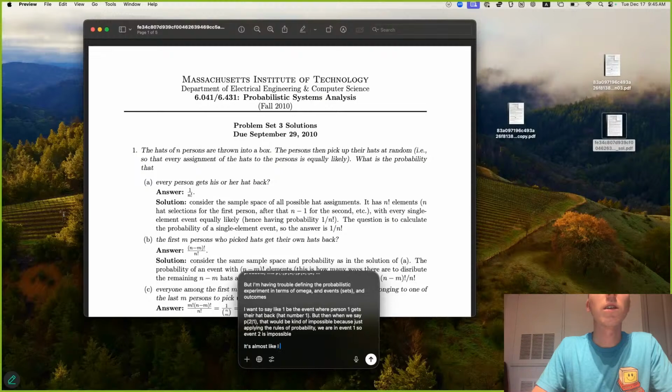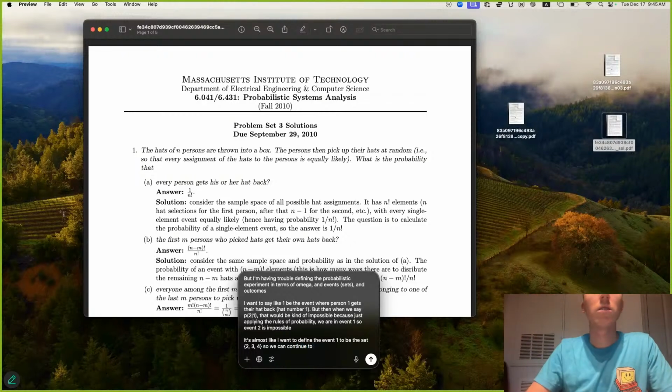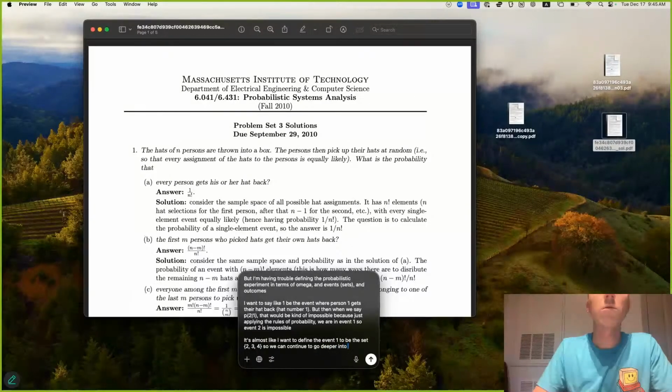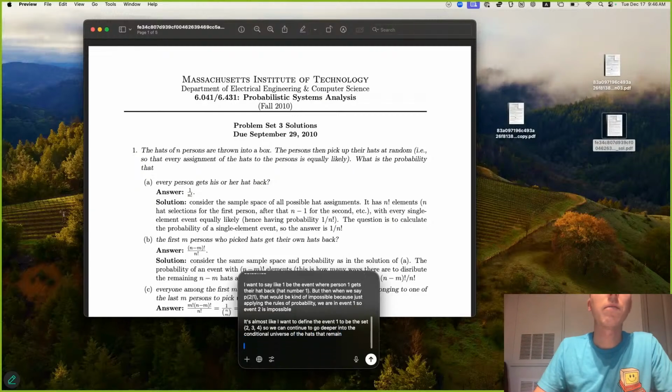It's almost like I want to define event 1 to be the set 2, 3, 4, so we can continue to go deeper into the conditional universe of the hats that remain.